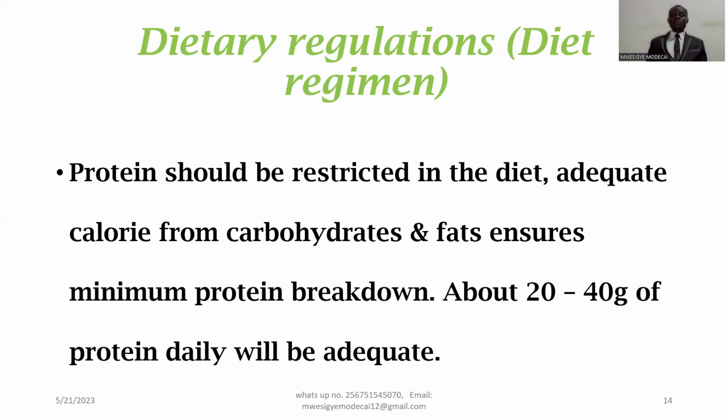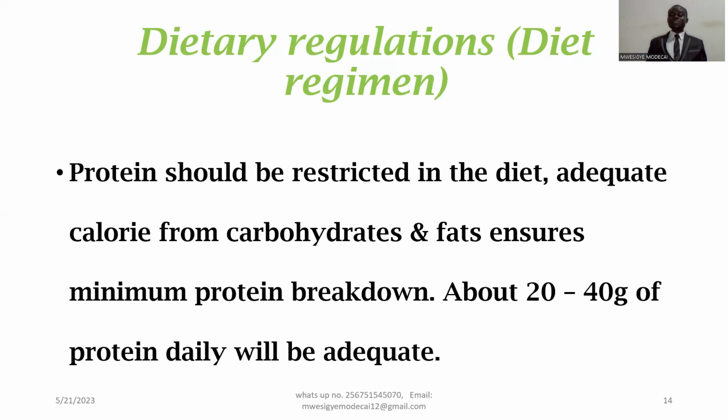What do we do? Proteins should be restricted in the diet. This is a must. Once you notice a person has glomerulonephritis, proteins must be restricted. Adequate calories should then come from carbohydrates and fats, while ensuring that there is minimum protein breakdown.